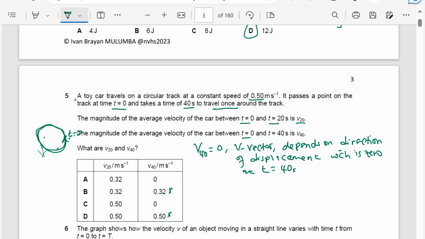So I'm going to ignore C. C is wrong because it is showing that v20 is still the same as speed. So I'm saying velocity is not the same as speed when direction changes.